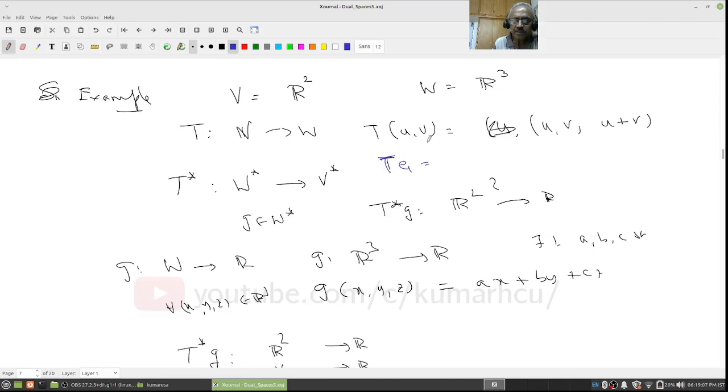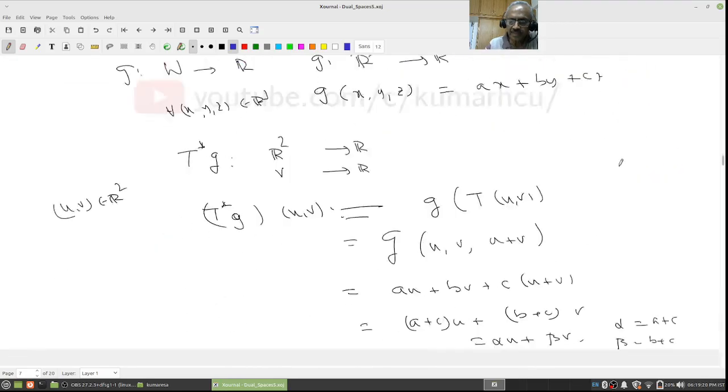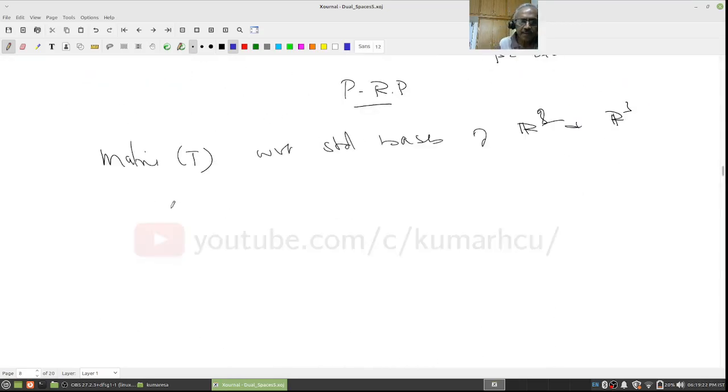T of e1 is (1, 0, 1), that is e1 plus e3, and that comes as a column. And what is T of e2? That you can see is (0, 1, 1). Therefore the matrix of T, what kind of matrix should it be? It should be a 3 by 2 matrix. Therefore it is going to be with columns (1, 0, 1) and (0, 1, 1). Is that clear?